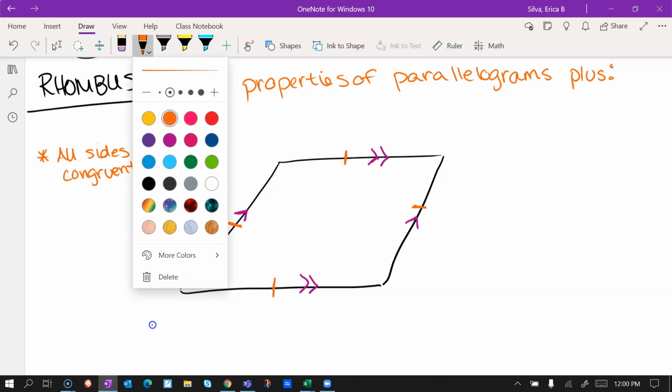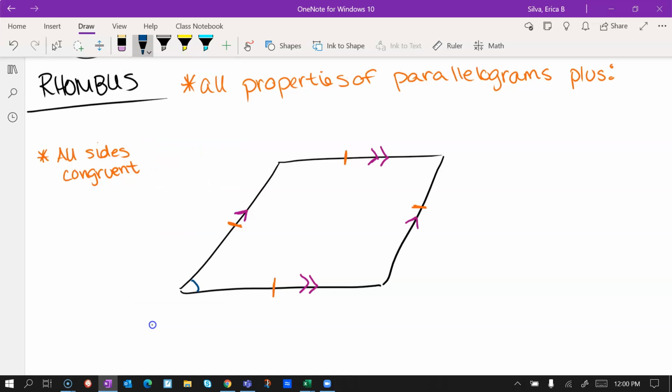And again, for a parallelogram, we have opposite angles are congruent.